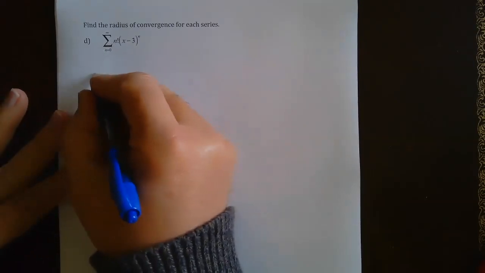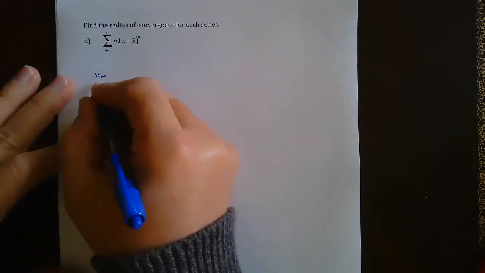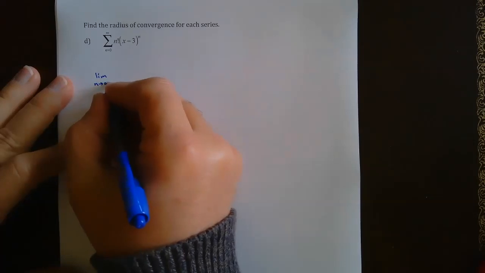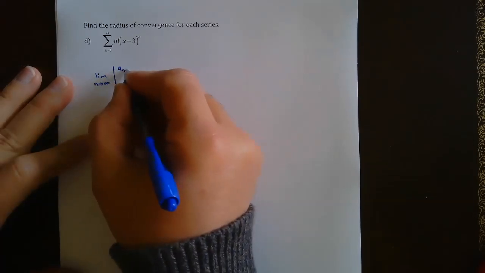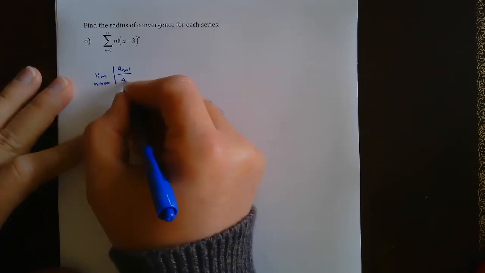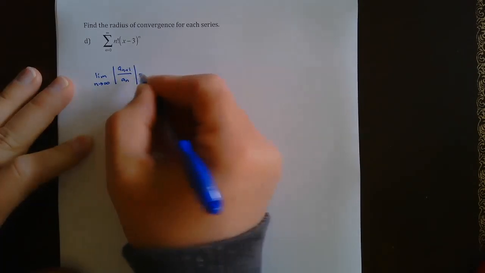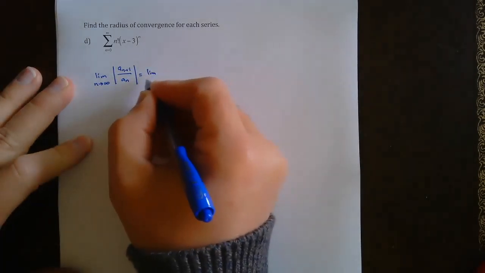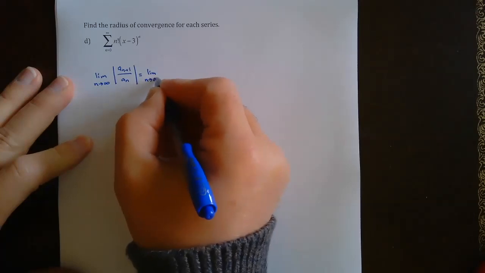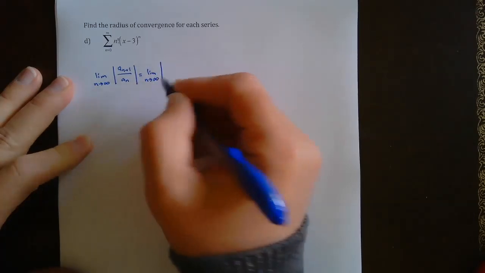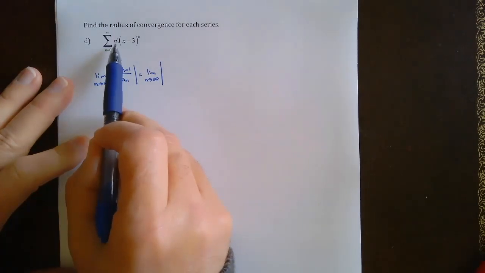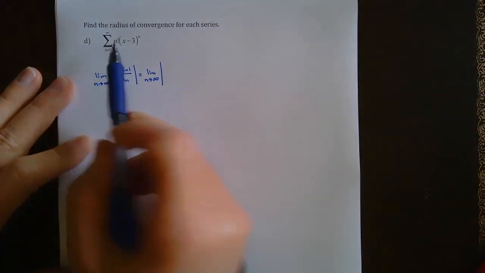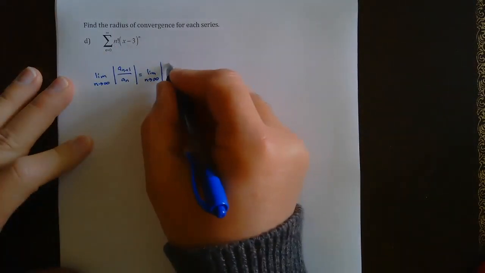So we want to look at the limit as n approaches infinity of the absolute value of a sub n plus 1 over a sub n. That's equivalent to the limit as n approaches infinity of the absolute value of, okay, so this is going to be n plus 1 factorial, right?